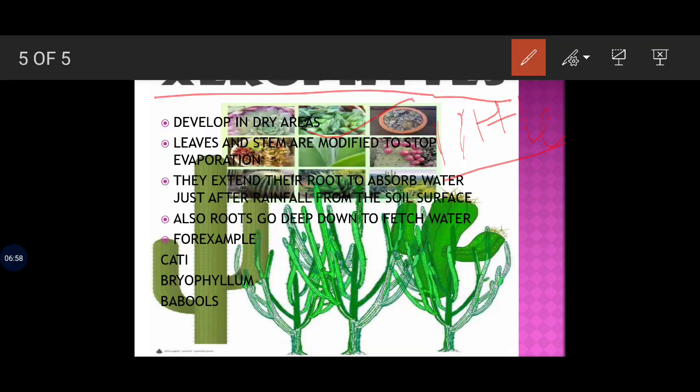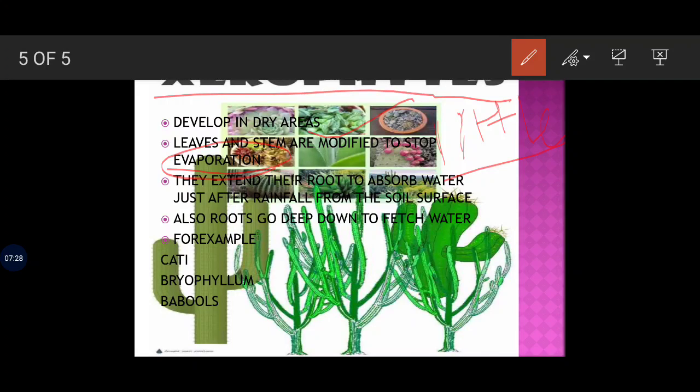This waxy layer cannot be dissolved in the presence of water, and therefore it acts as a barrier so that the water from the plant body cannot evaporate. Usually you can find xerophytes in desert areas. Their habitat is arid or dry desert areas, where water availability is very low.